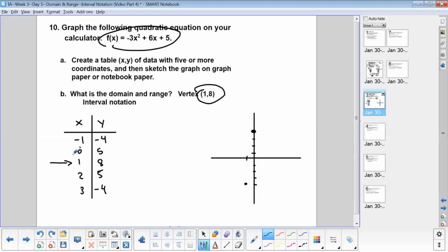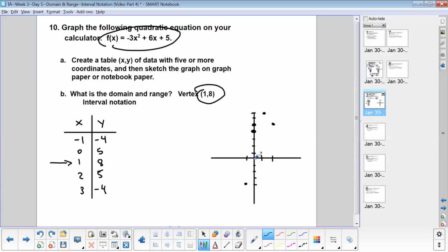We'll plot the point 1, 8. That's 5, 6, 7, 8. Then 2, 5: 1, 2, 3, 4, 5. This point right here should actually be here.